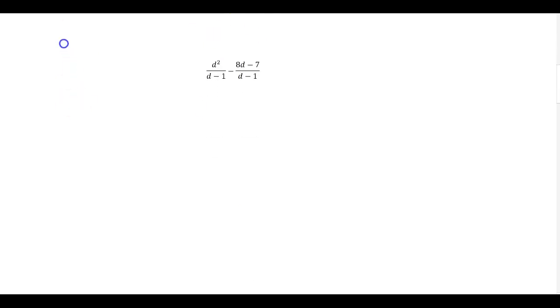Let's look at another example. d squared over d minus 1 minus 8d minus 7 over d minus 1. Now again, my denominators are already the same. So I'm going to keep my denominator, d minus 1, and I'm going to take the first one minus, and here's where I have to be careful.